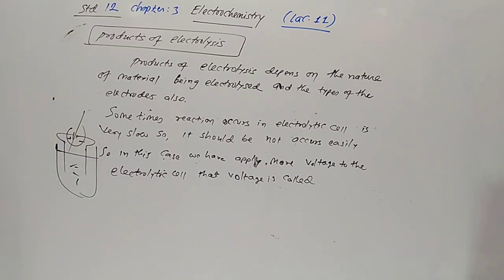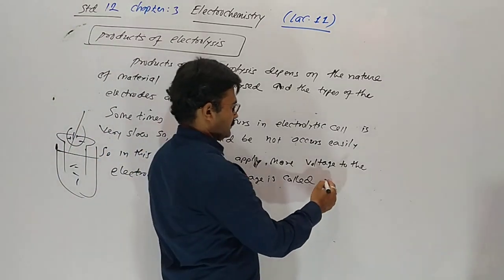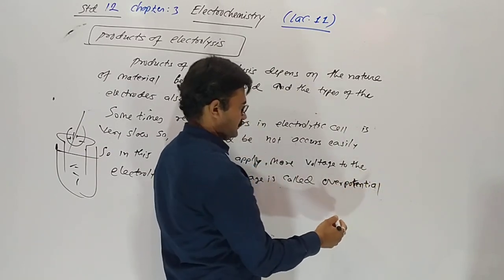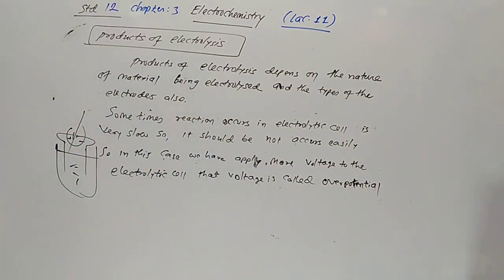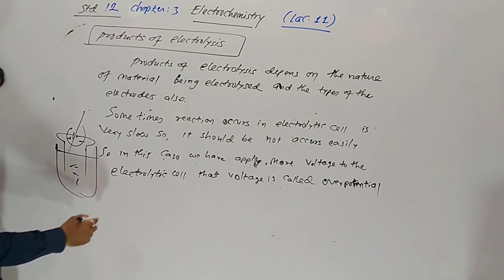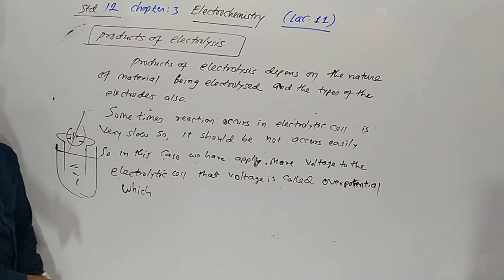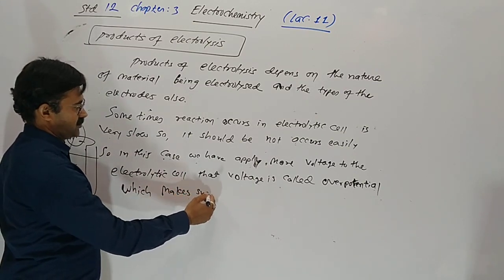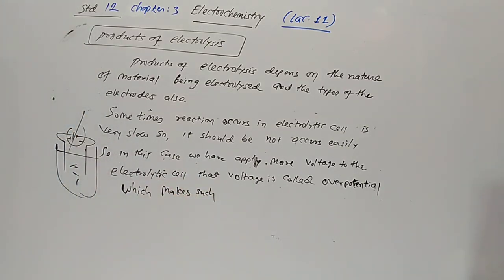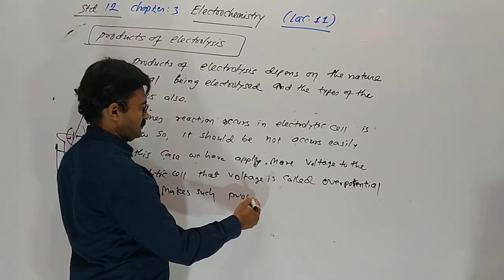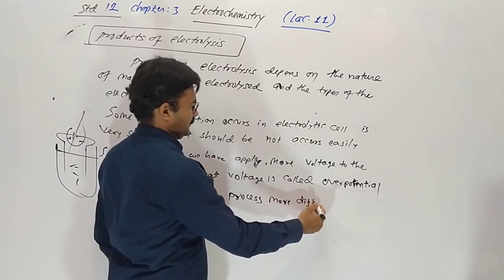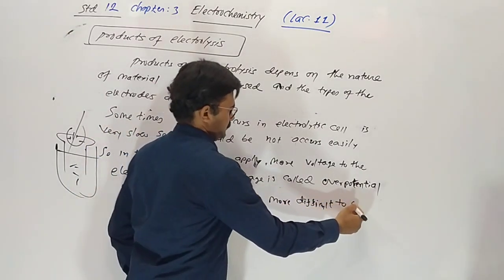That is called overpotential. It has to be applied, which makes such a process more difficult to occur.